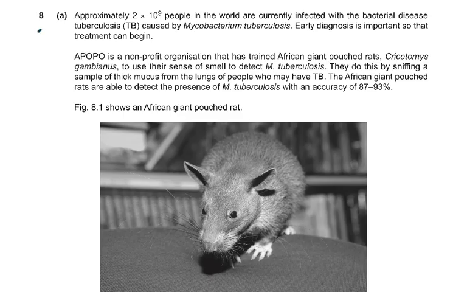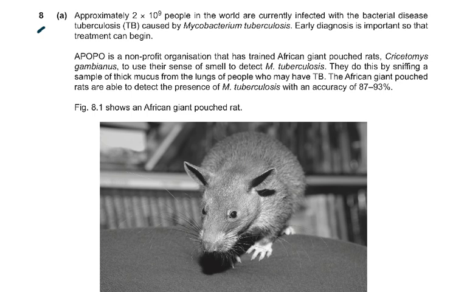Question number 8. Approximately 2 into 10 raised to the power 9 people in the world are currently infected with the bacterial disease tuberculosis caused by Mycobacterium tuberculosis. Early diagnosis is important so that treatment can begin. APOPO is a non-profit organization that has trained African giant pouched rats, Cricetomys gambianus, to use their sense of smell to detect M. tuberculosis.